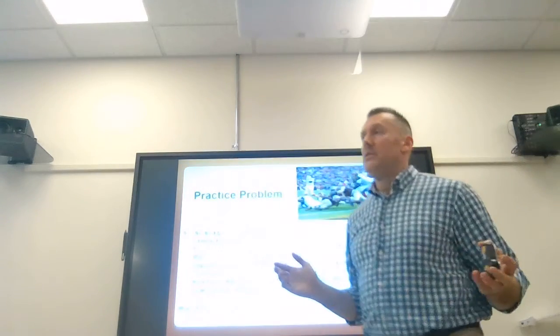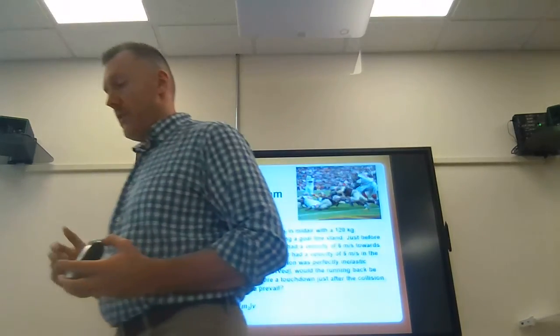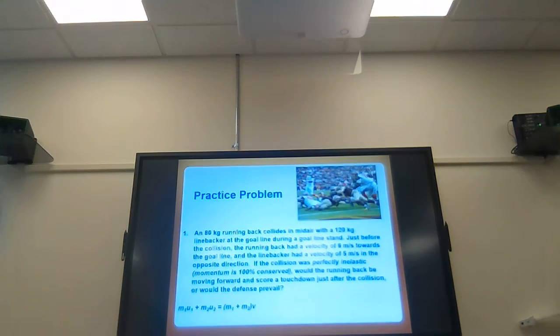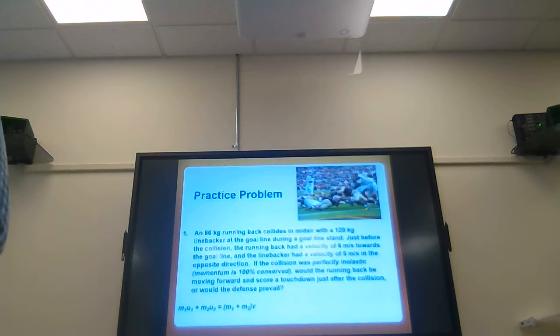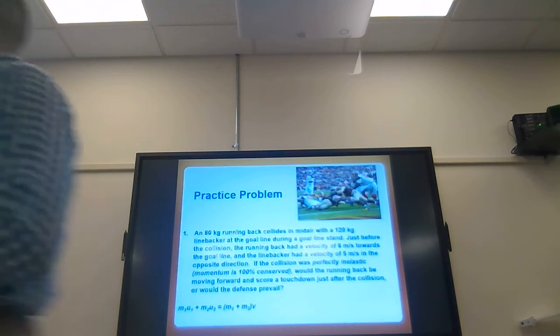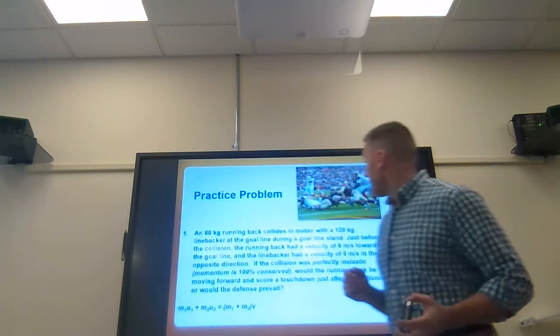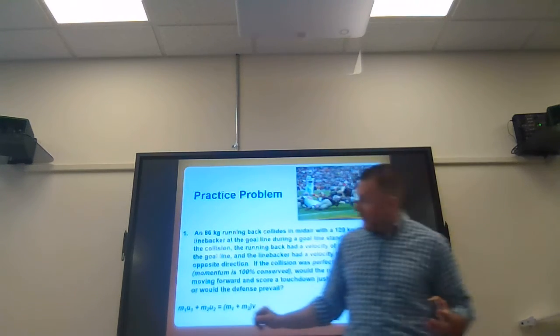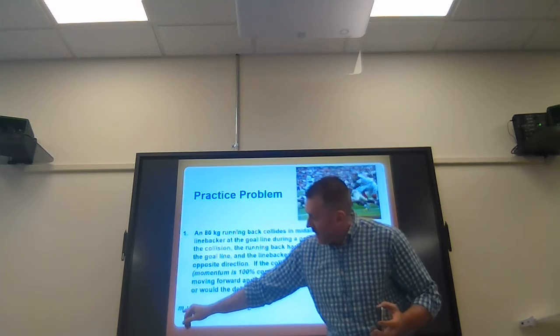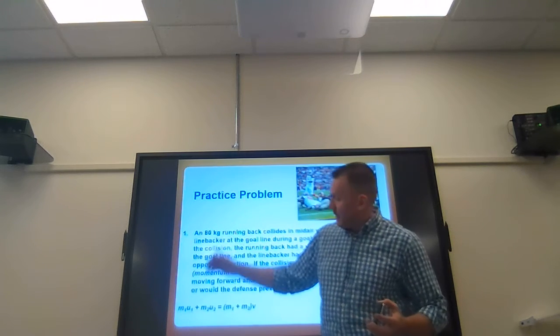So let's define the velocity of the running back as positive. Towards the goal line is positive velocity, so we'll say this is a positive 6. Let's begin here. You're going to say mass of 80 kilograms.